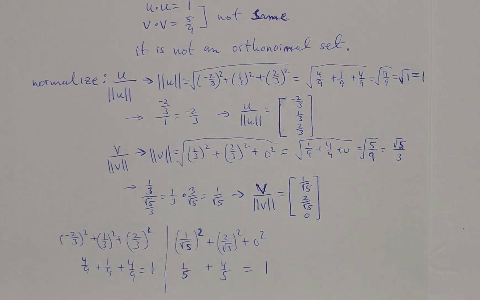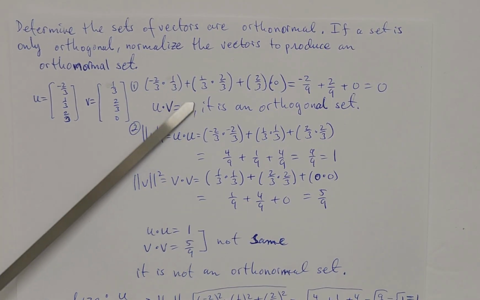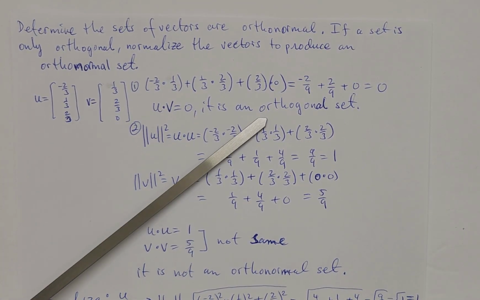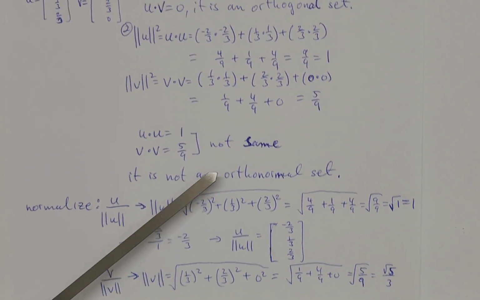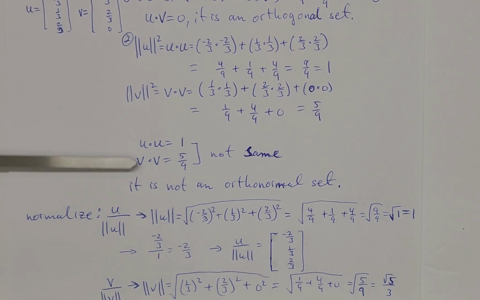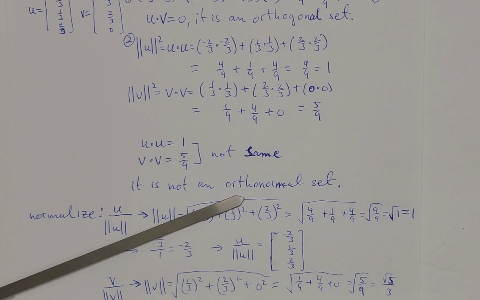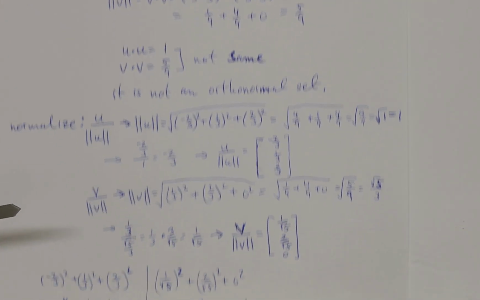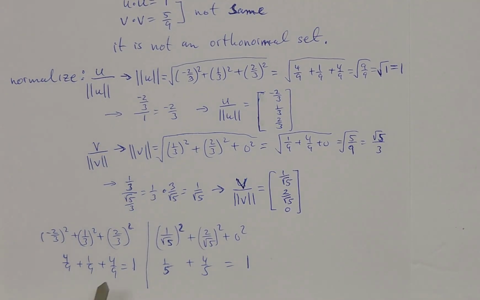Okay, so one more time. If this is 0, then it is orthogonal. After that, find out if it is orthonormal. If these two are not the same, it is not orthonormal. If it's not orthonormal, you will normalize it. And after you normalize it, it should be orthonormal, as you can see here.